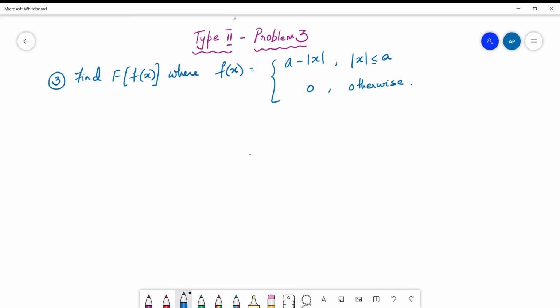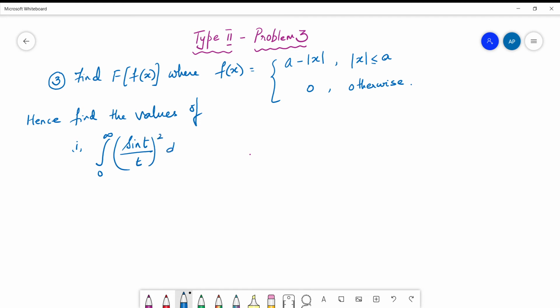So after finding this, we also have to find the values of, and hence find the values of two different integrals. Number one is integral 0 to infinity sine t by t the whole square dt. And the second one is integral 0 to infinity sine t by t the whole power 4 dt.